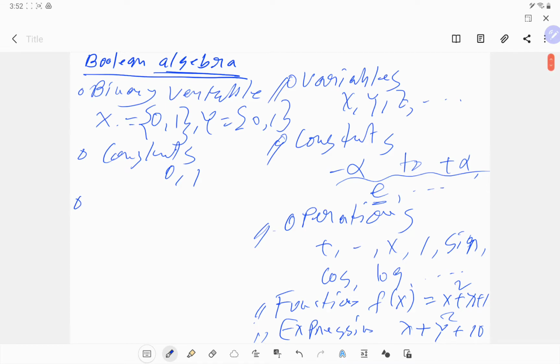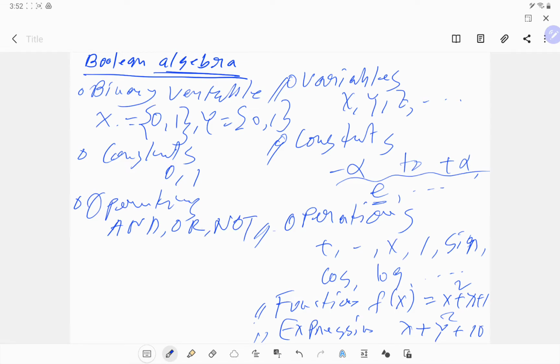And then the operations. Operations can be the logic gates, or the logics. So how many logics have we studied? 7 logics, I believe. AND logic, OR logic, NOT logic.